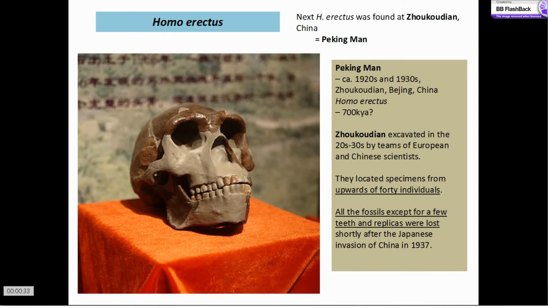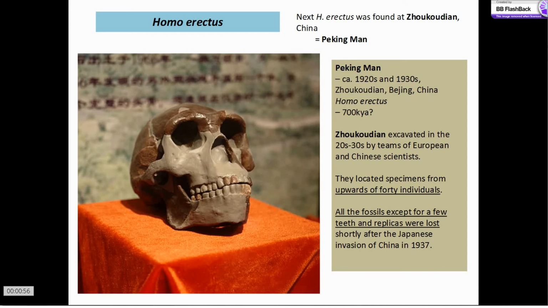And the real bummer of this story is that it was such a rich find. So many individuals had the potential to say so much about human evolution, but right before World War II, they were being evacuated from China in a boat.